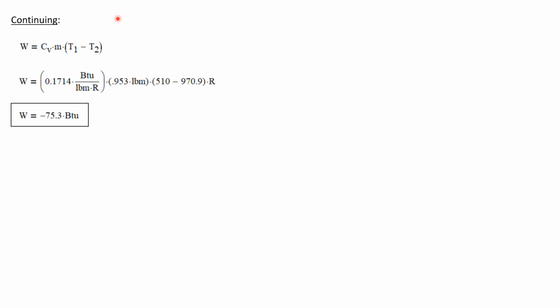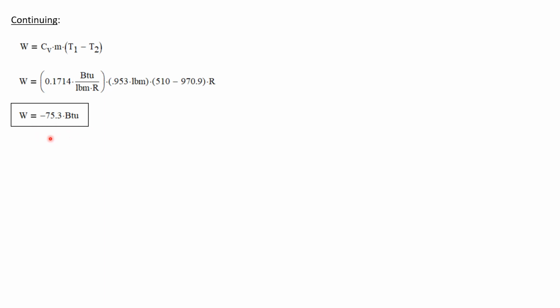So continuing, I know that the work is C sub V times the mass times T1 minus T2. Well, we just calculated C sub V to be 0.1714 BTUs per pound mass R. We previously calculated that the mass was 0.953 pounds mass, and we have the original temperature of 510 degrees R, and we computed the final temperature as 970.9 degrees R. We calculate the work is minus 75.3 BTUs.